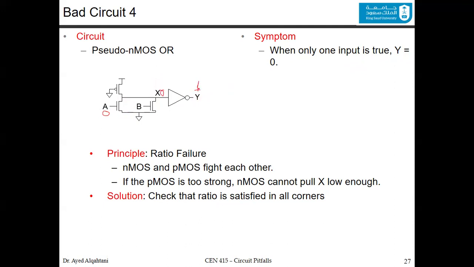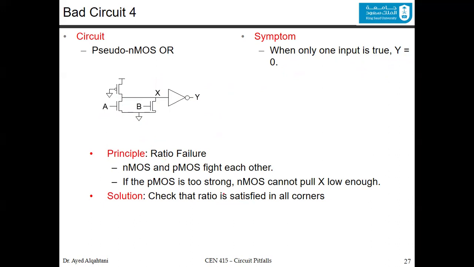So you expect a 1, but you find that it is actually 0. Why? You investigate. One of the principles that we need to worry about is the ratio. We need to make sure that it is correct. If we have a ratio failure, then the NMOS and the PMOS fight each other, the current in the pull up and the current in the pull down.